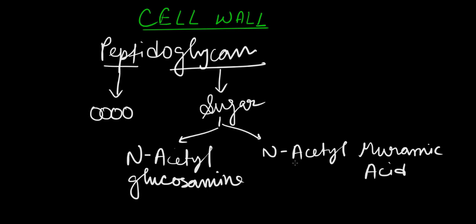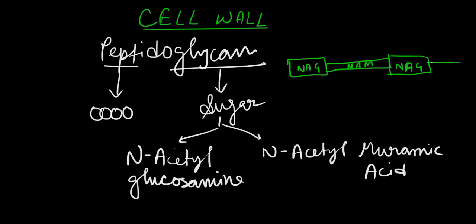Repeatedly these two kinds of sugar molecule are present in this way. Let me show you. If this is N-acetyl glucosamine, I am writing it here as NAG, and another is NAM, meaning N-acetyl muramic acid. So NAM, and again there is NAG, and again there is NAM.